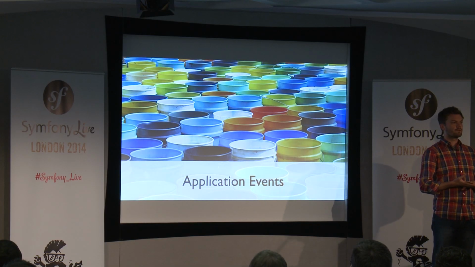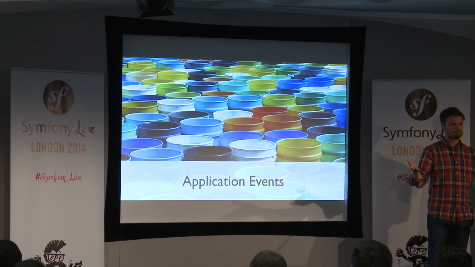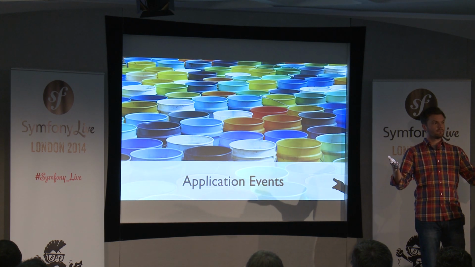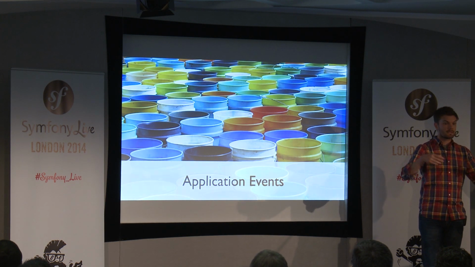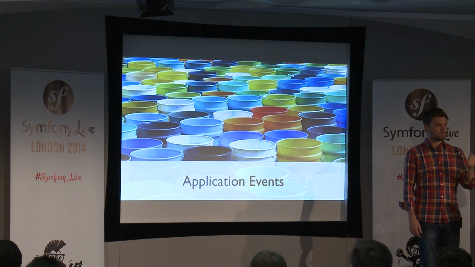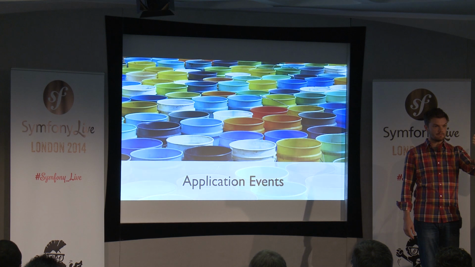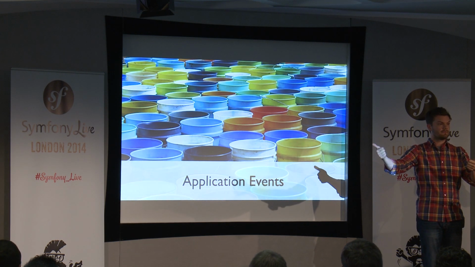And an event for me is when this happens, that happens. So if you can describe something in your application as whenever this happens, that happens, then there should be an event there. Whenever this happens, that should be the dispatching of an event. Then that happens, that should be an event listener.